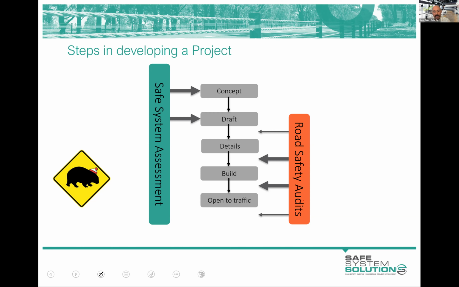So you'll be looking, genuinely, at intersection form. The design is for traffic signals in these 80km/h crossroads, and your safe system assessment would be recommending, well, maybe you need to keep the roundabout and signalize it. Maybe you need to raise the whole intersection. These are big project changes.